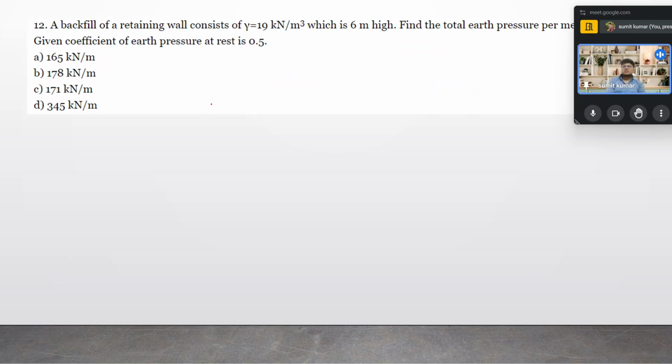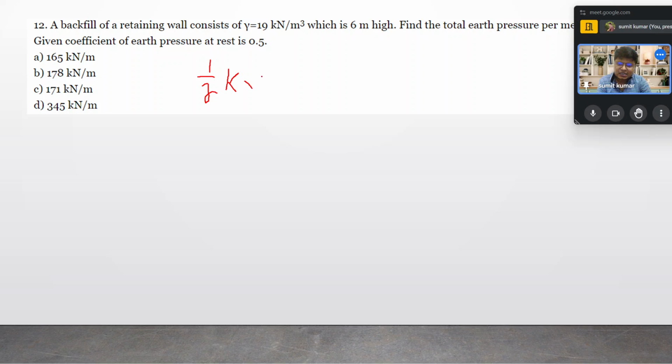Now, when we move to the next question, the backfill of the retaining wall has gamma equal to 19 kilonewton per meter cube and a height of 6 meter. Find the total earth pressure per meter. The coefficient of earth pressure is mentioned as 0.5. So it is 1 by 2 into K gamma h square.